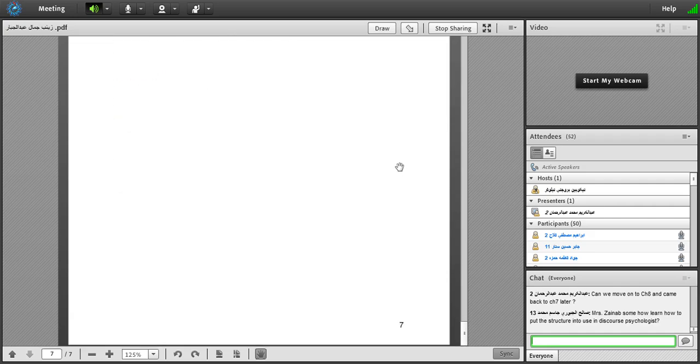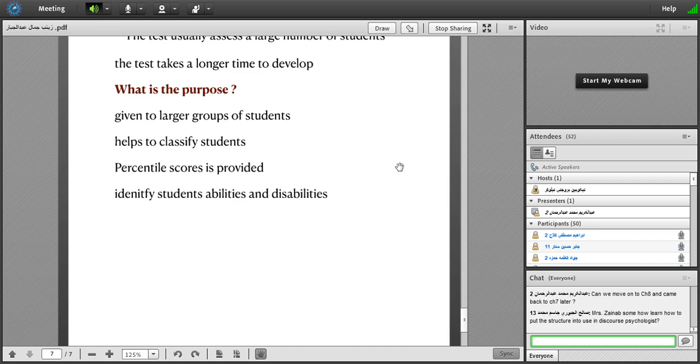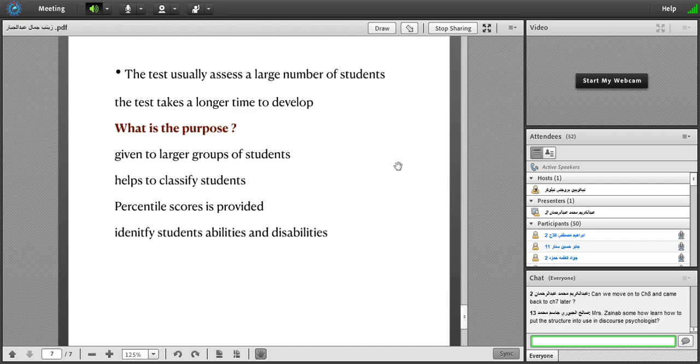Because we have to complete the purpose: what is the purpose? It is given to a large group of students to help classify students and identify student ability and disability. So, that's it for chapter 7.